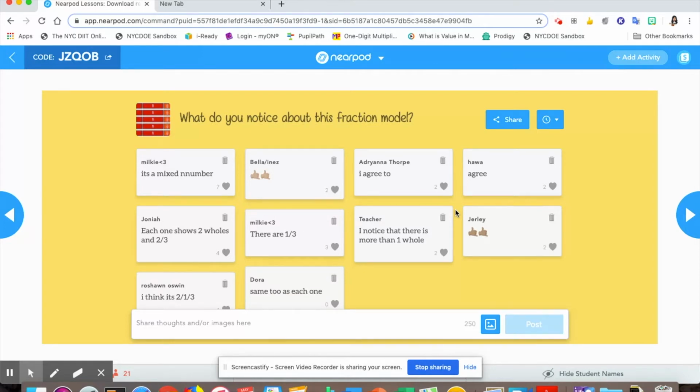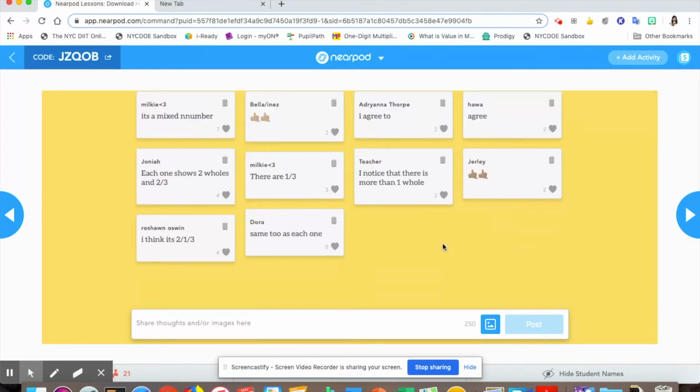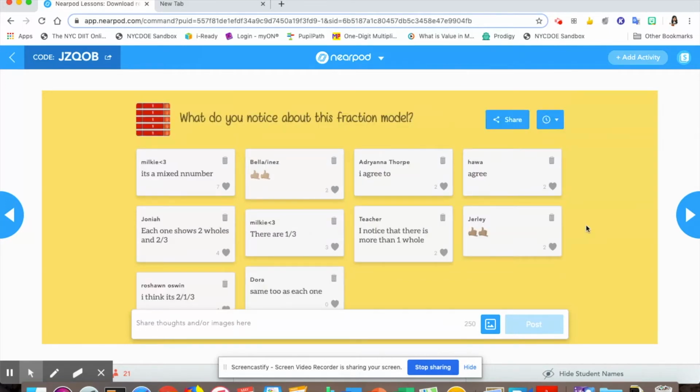And again, like Miss Silberman said, if the image looks too small, once you click on it, it'll show up as the entire image. So what do you notice about the fraction model? And we'll take about 30 more seconds for your responses. So some of you guys have identified the amount being shown.